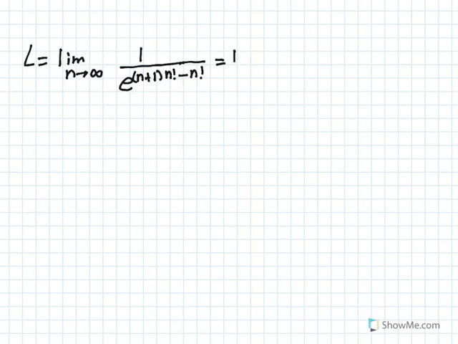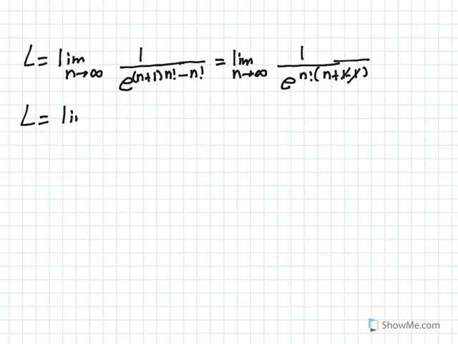This is equal to the limit as n approaches infinity of 1 over e to the power of, now I'm going to factor out n factorial times n plus 1 minus 1. 1 minus 1 cancels out, so we get L equal to the limit as n approaches infinity of 1 divided by e to the n factorial times n.